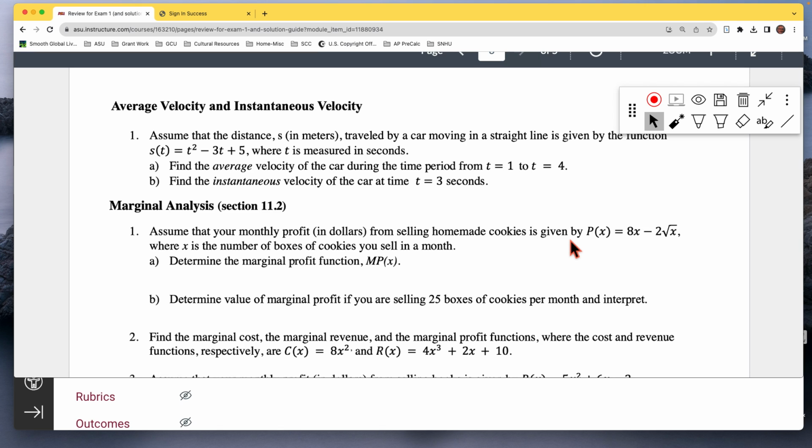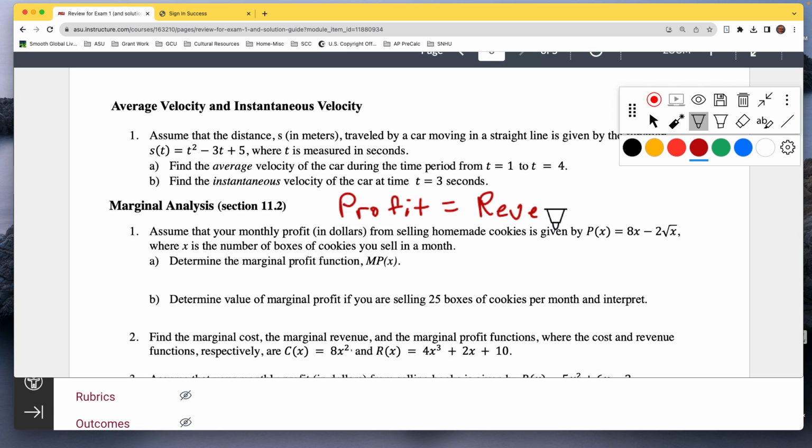Marginal analysis is an application, so the skill part is not anything new, except remember it's going to involve our business functions, our business relationships. I encourage you to write these down. Remember that profit is always equal to the revenue minus the cost.